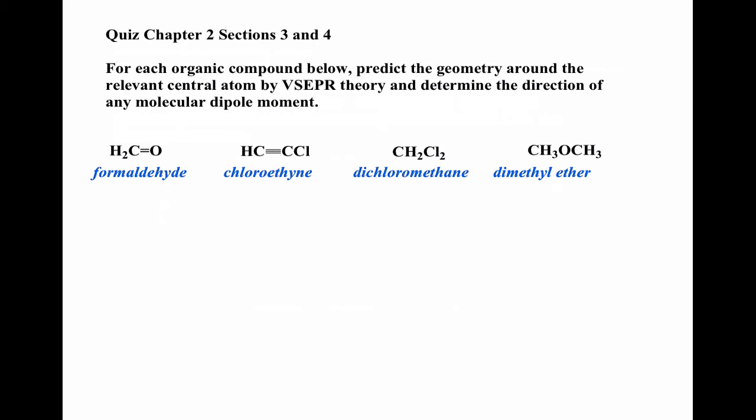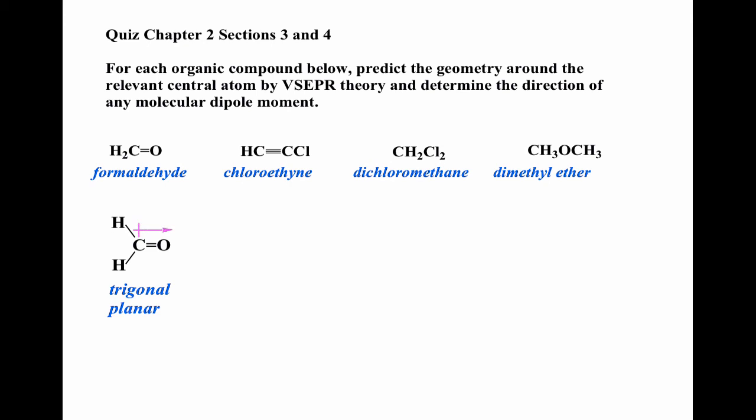What's its shape going to be? It's going to be trigonal planar. I have a central atom with 3 things around it. That's your basic VSEPR theory from general chemistry, right? What's the hybridization of that carbon atom? It's sp2. sp2 hybridized carbons are going to be trigonal planar about that carbon, right? Which way is the dipole going to go? Towards the oxygen. That's exactly right. It is a polar molecule.